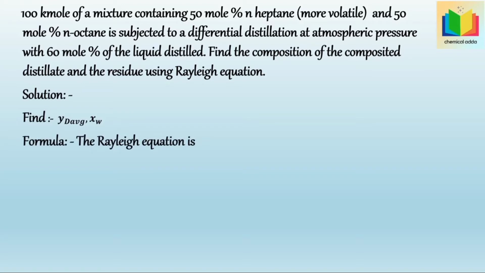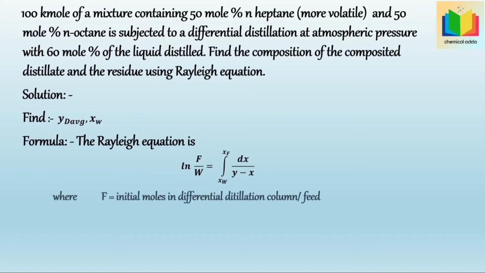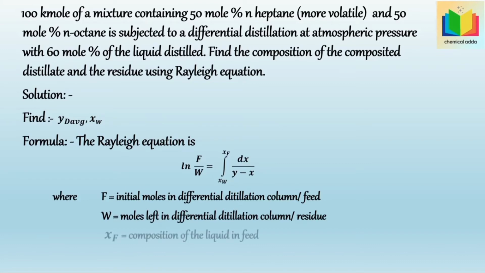The Rayleigh equation is ln of F by W is equal to the integration of 1 by y minus x into dx from xW to xF, where F is the initial moles of feed in the differential distillation column, W is the moles left in the column or residue, xF is the composition of the liquid in the feed, and xW is the composition of the liquid in the residue.